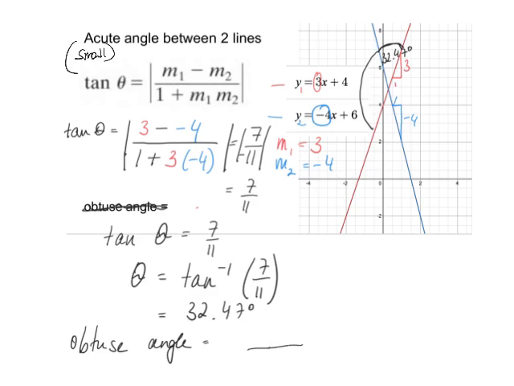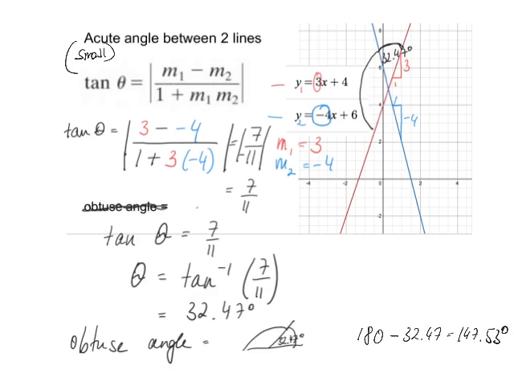If this is 32.47 degrees, then altogether this is 180, and we just go 180 minus 32.47, and that would give us 147.53 degrees.